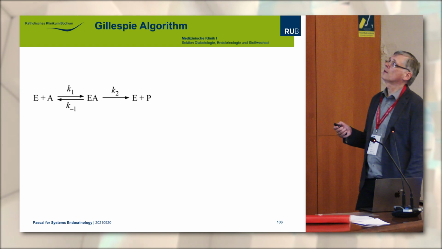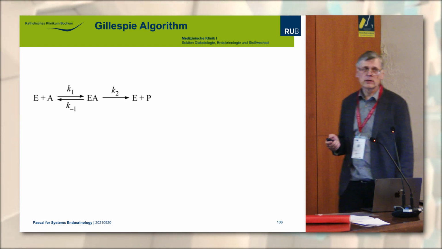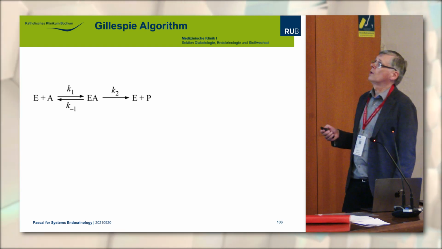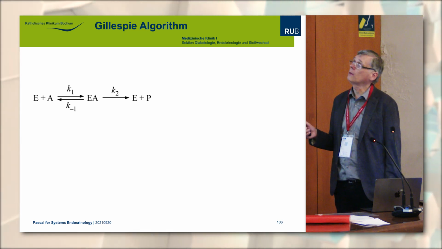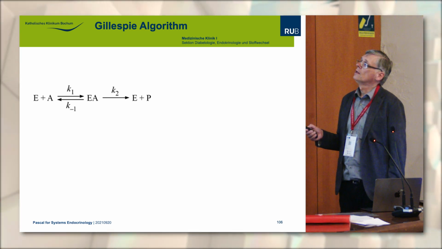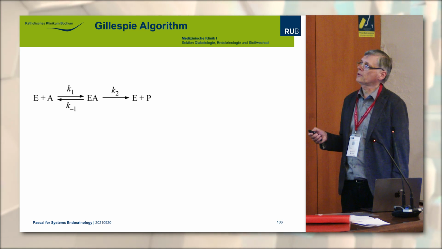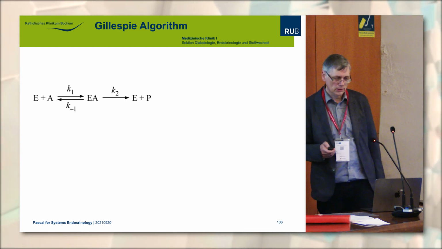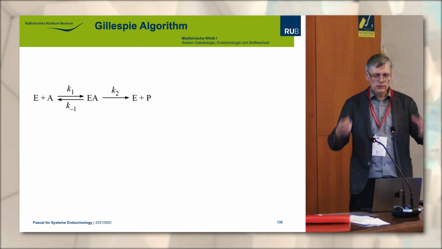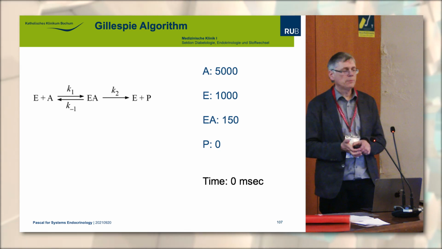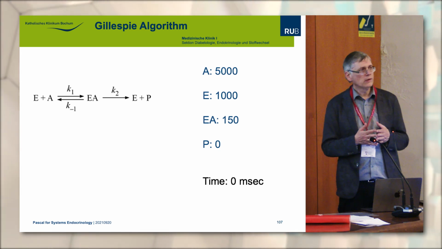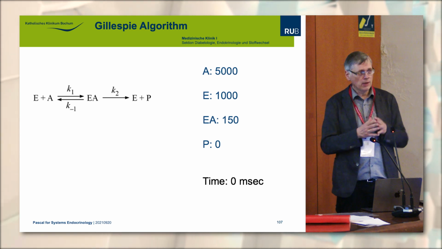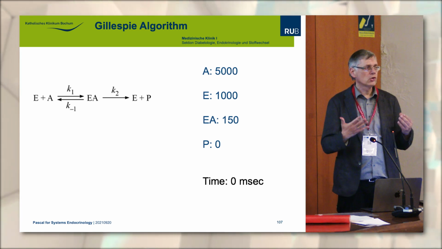And at the beginning, let's have 1,000 molecules of the enzyme, 5,000 of the substrate, and 150 of the enzyme-substrate complex, and no product at all at time 0. And then the idea of the Gillespie algorithm is to generate two random numbers and use these random numbers for two decisions.